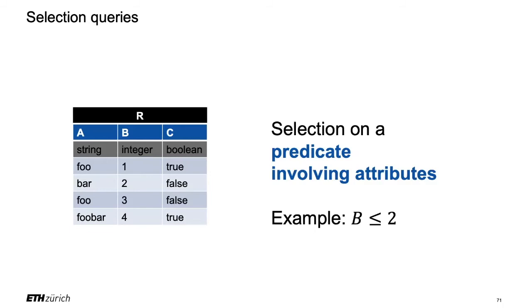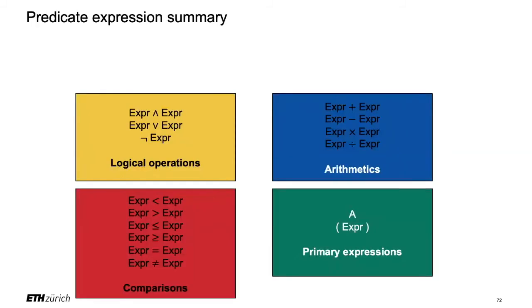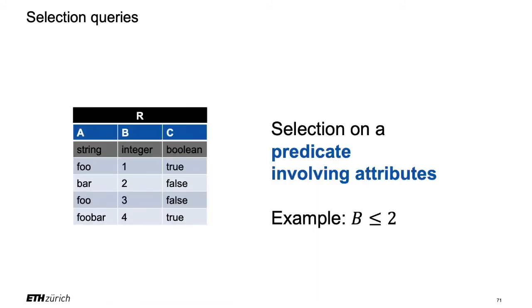Can anybody tell me what the output relational table will look like? As always, you need to tell me what attributes, what domains, how many records, and what they contain. Attributes A, B, C. Yes.